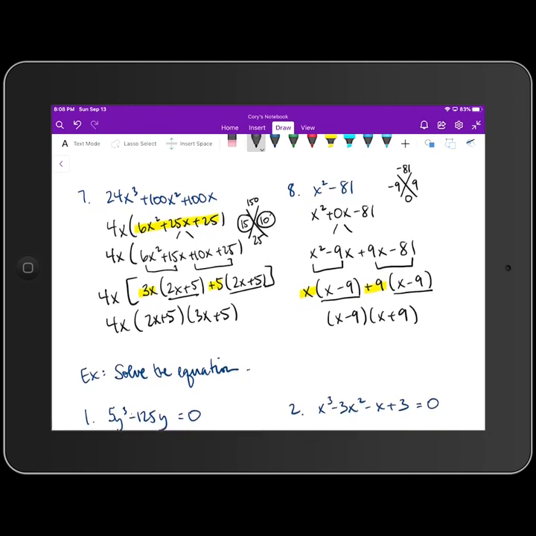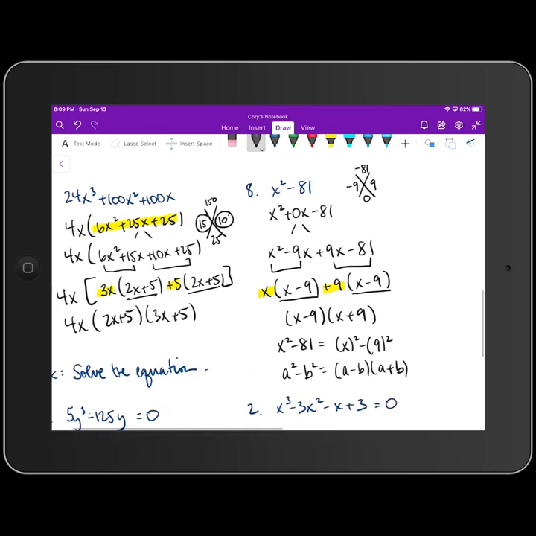Okay, when we look at x squared minus 81, that is the difference of two squares. It's like saying x squared minus 81, which is 9 squared. When you have the difference of two squares, a squared minus b squared, a faster way to factor that is that's going to factor to a minus b times a plus b.